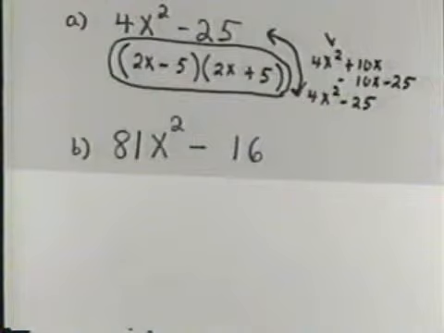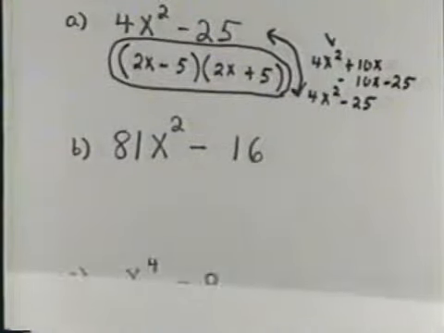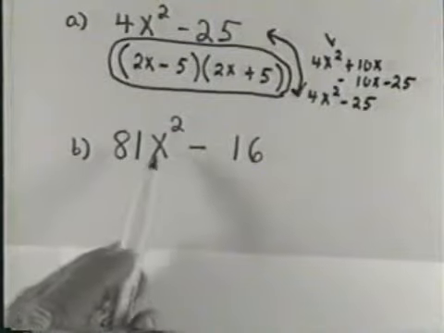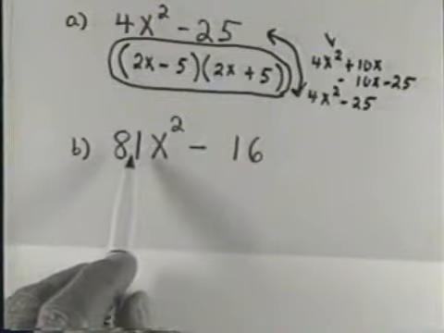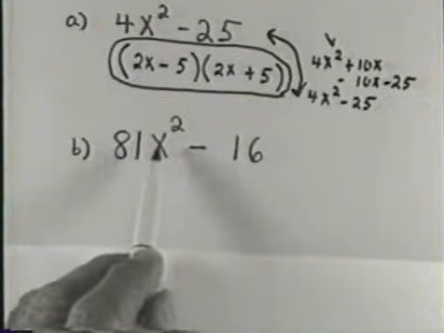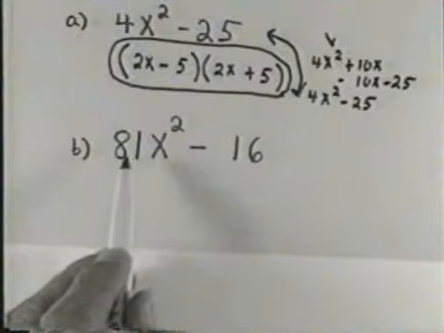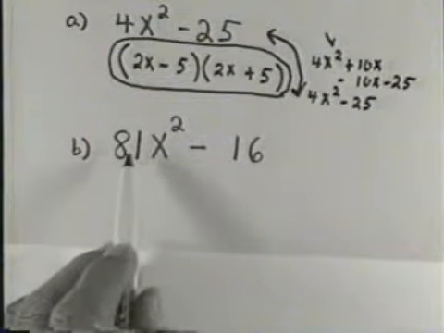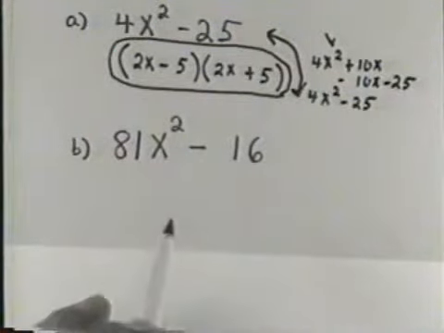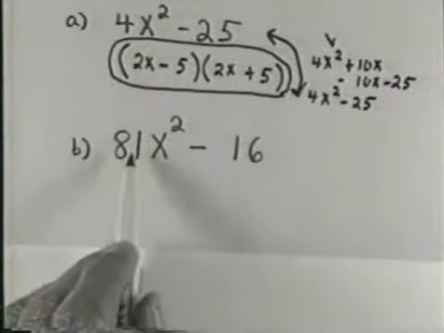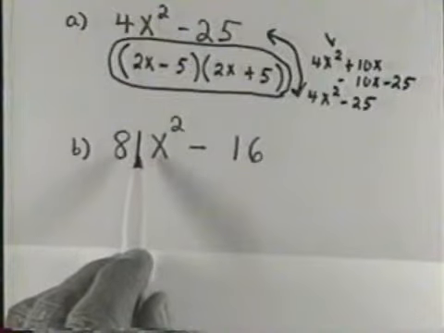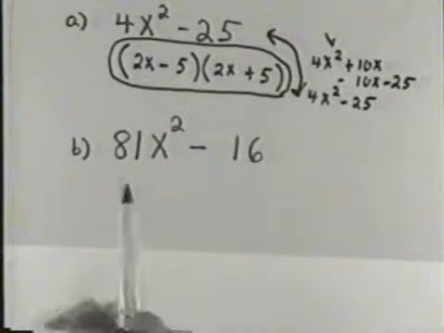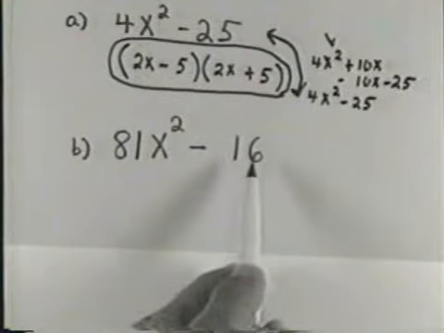Let's look at another example. 81x squared minus 16. The first thing we need to do is to make sure that both of them are perfect squares. So I need to say, what is the square root of 81x squared? In other words, what multiplied by itself gives 81x squared? Well, a little guess and checking will give us 9x. 9x times 9x is 81x squared. Well, what times itself gives 16?